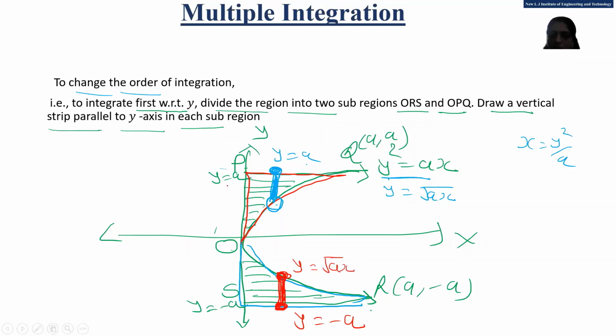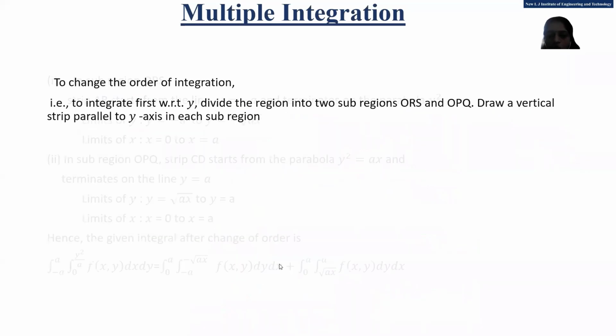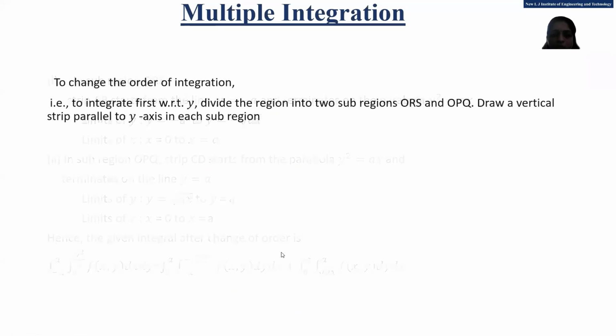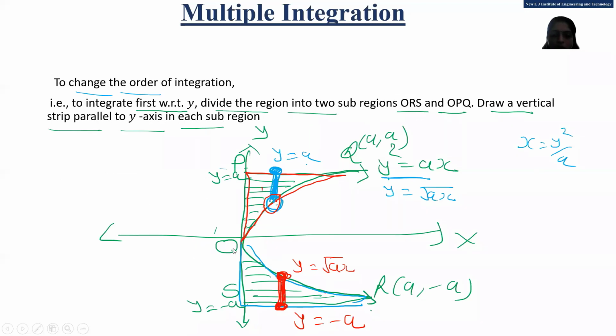Got it, students? For the vertical strip, both are changed. This curve is my lower part for the first region, and this curve is the upper part for this second region. So in sub-region ORS, see, this is ORS.